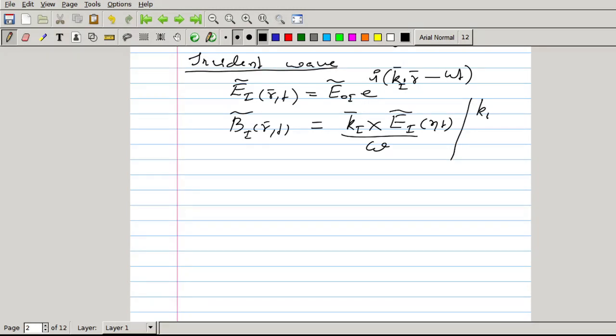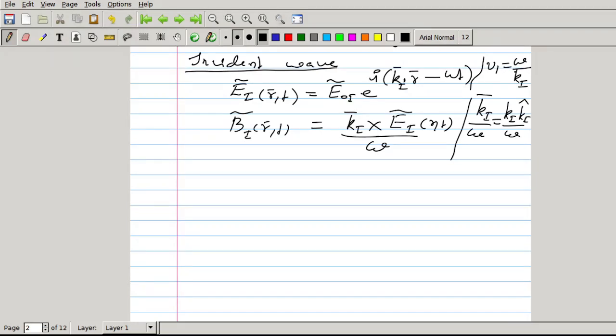This vector K_I by omega, you can write as K_I into the unit vector along the incident wave vector. K_I by omega I can write as 1 by V1, the velocity in the first medium, since V1 equals omega by K_I, where K_I is the magnitude of the wave vector.